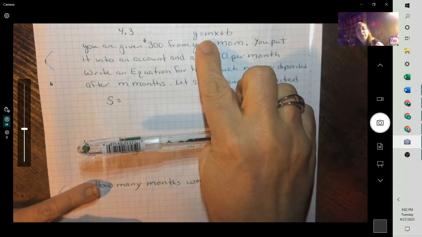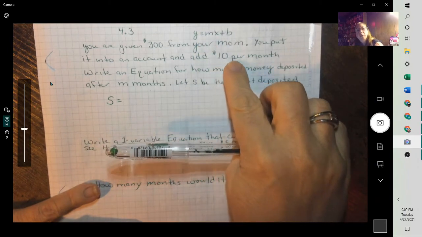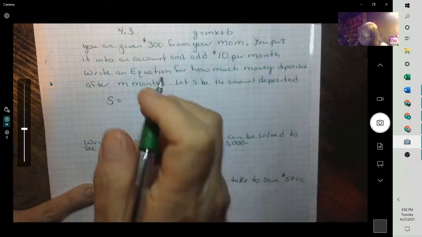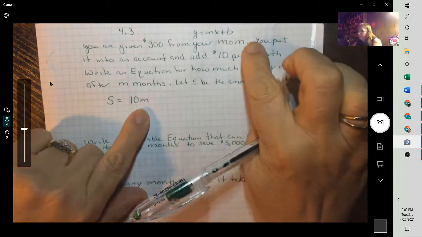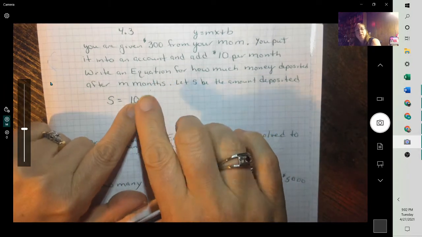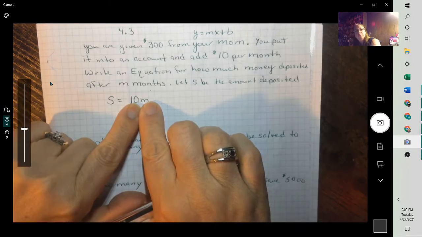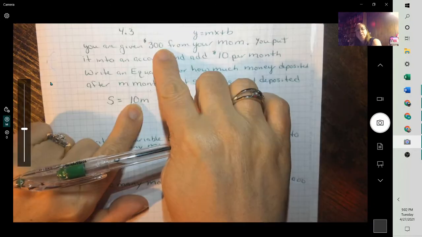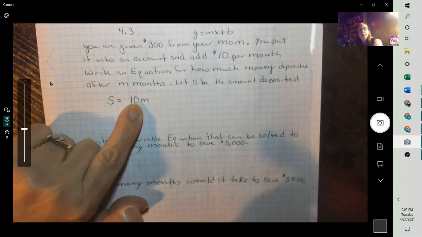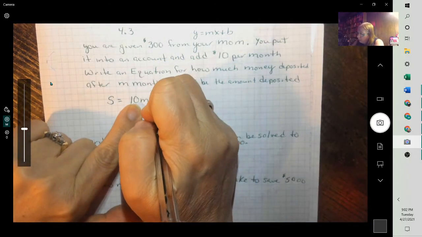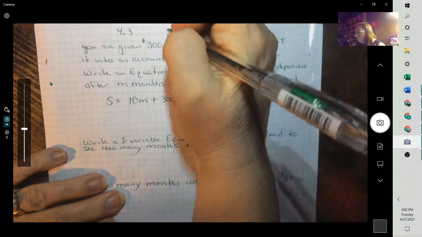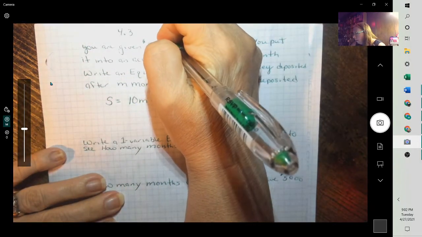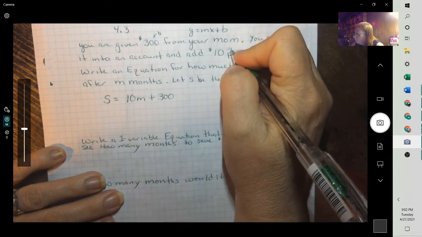It's our rate of change. $10 per month would be 10, and then this M is going to be the X, because they want M for months. $10 for each month. Our main deposit or starting amount is the y-intercept, and so that's our 300. So this was B, and this was slope.